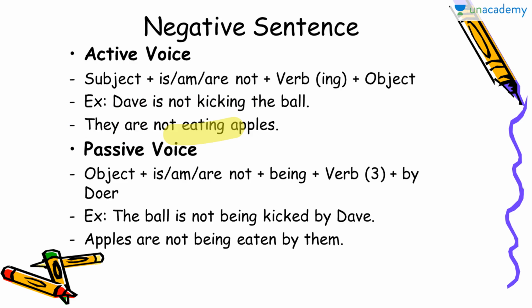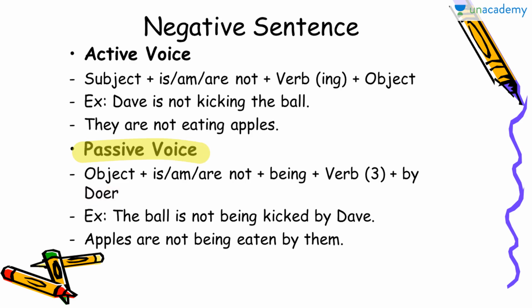In passive voice, if we talk about the same tense, it starts with the object of active voice, then is, am, or are according to the object, then not, then being, then verb third form, and then by plus doer. So even if we are taking continuous tense, we will not use the ing form of verb in passive voice.